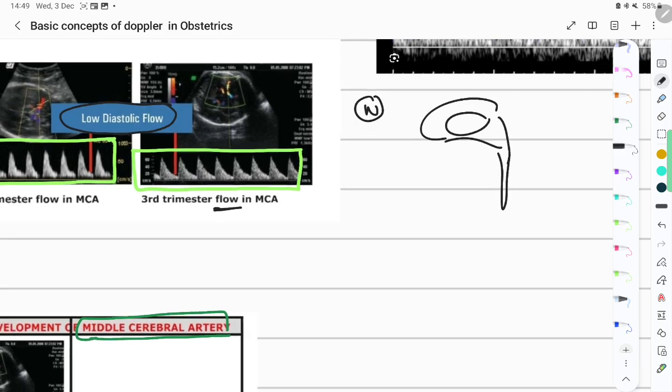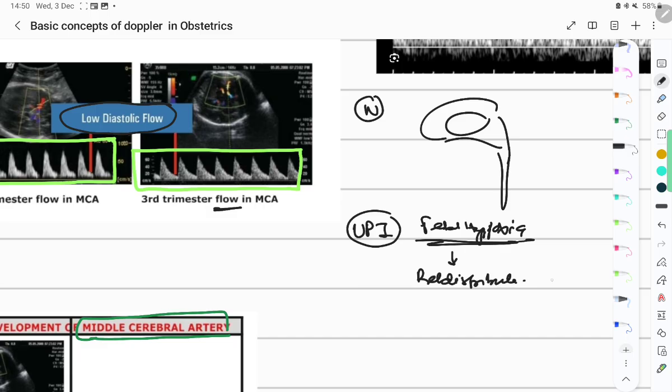In case of uteroplacental insufficiency or fetal hypoxia, the fetus will try to redistribute maximum blood to the vital organs.